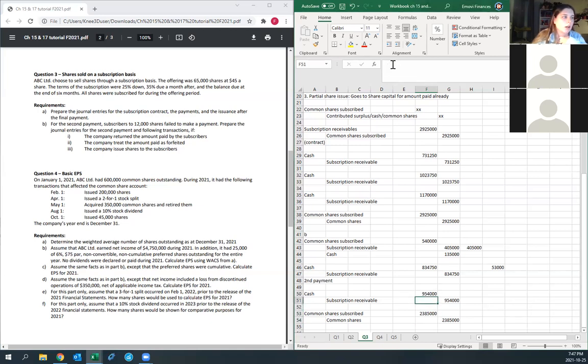You can also find all of these by taking out the amounts that you've put here from your balance of account. So let's say your contributed common shares subscribe before the forfeit of the 12,000 shares had a balance of 2.9 million, and then the forfeit was minus 540,000.